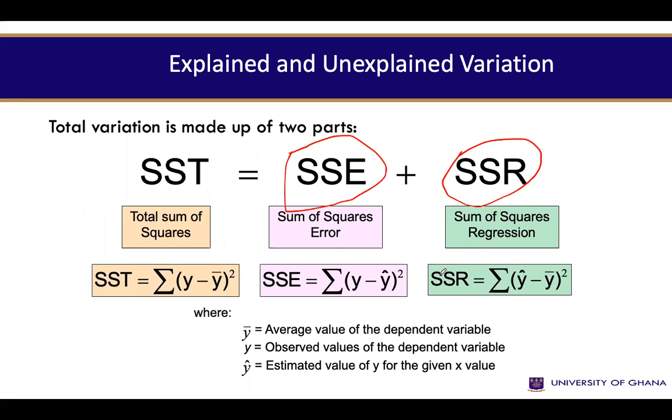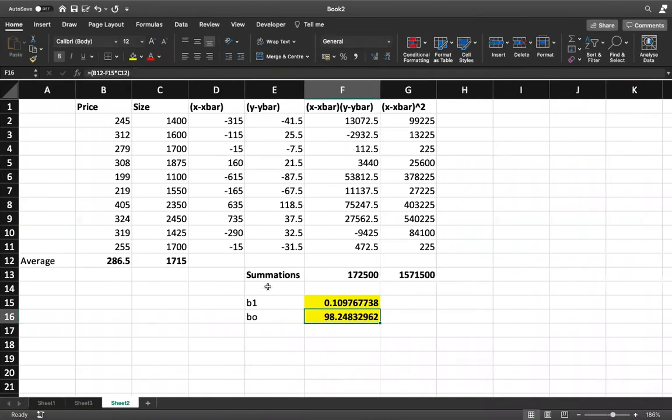You are going to learn how to calculate some of these explained and unexplained variations. Now, the total variation is the difference between the actual Y values from the average. So sigma Y minus Y bar all squared. If we had done Y minus Y bar all squared, you would have seen what we are talking about.